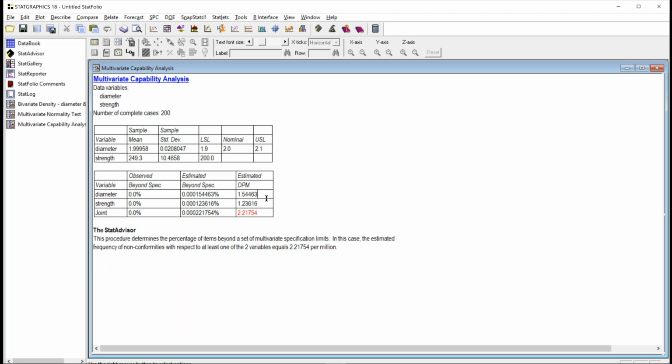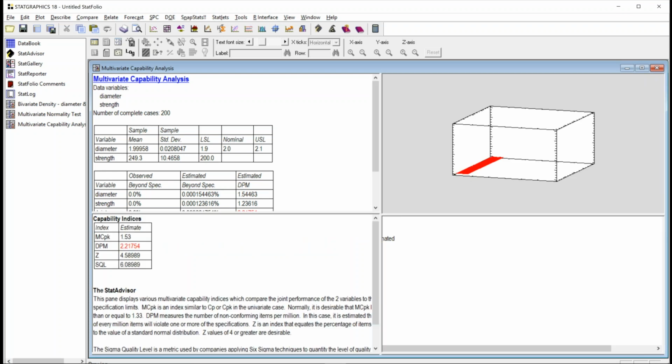So if you were to add up the individual defects per million, you'd overestimate the total. That's, I think, the real importance of doing a multivariate capability analysis: we're handling the joint behavior of diameter and strength, not just summing the univariate estimates.